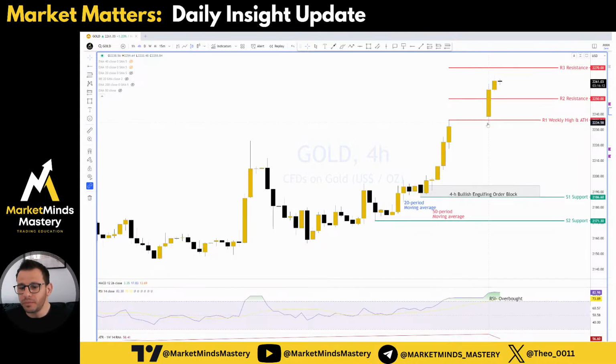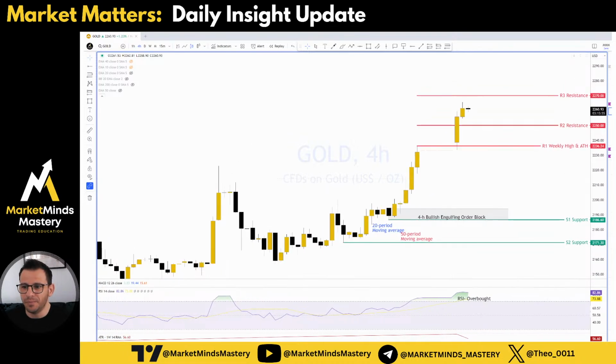Gold, since early morning today, it moved upwards. It broke above all the resistance areas we gave in our analysis. So let's see what's going to happen. It's a very strong move that represents the market close.